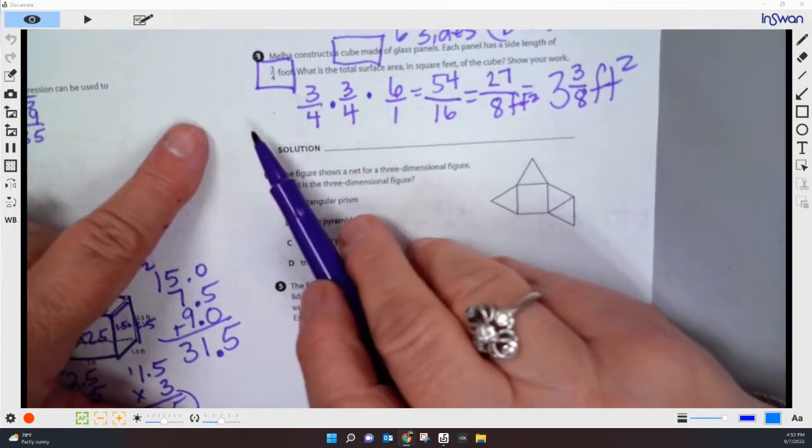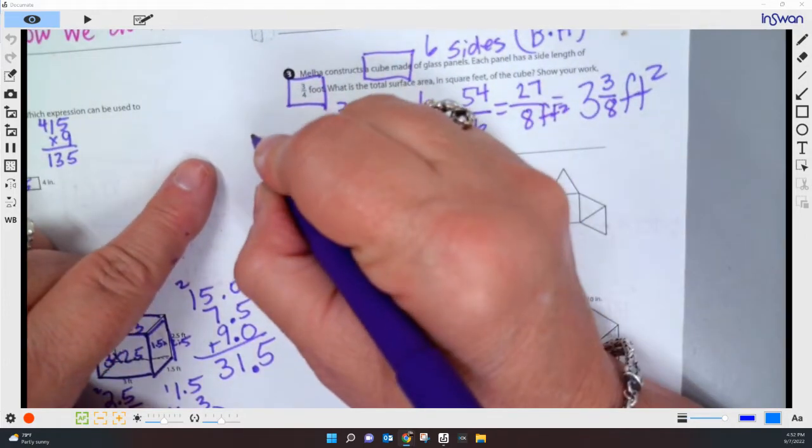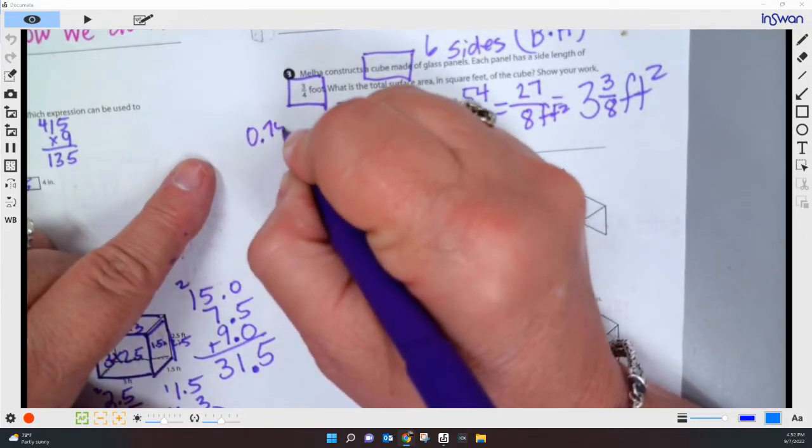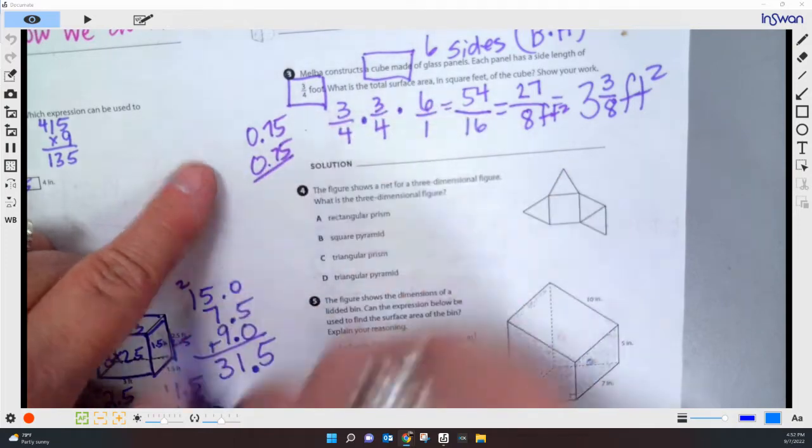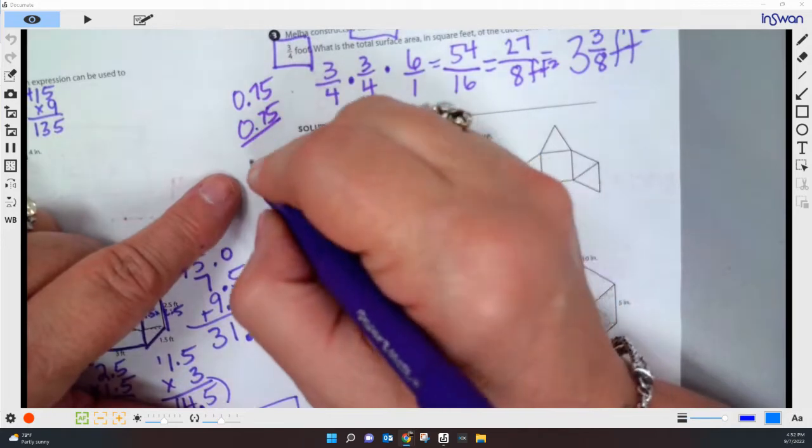Now, if you do this as a decimal, 0.75 times 0.75, that is going to be a decimal answer.